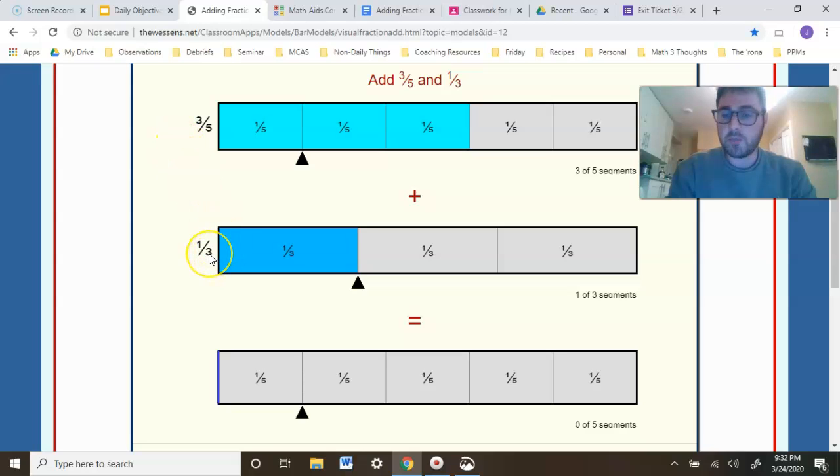3/5 and 1/3. Now, using our strategy from before, how many times do I need to split 3/5? Usando el concepto de antes, ¿cuántas veces necesitan dividir 3/5?